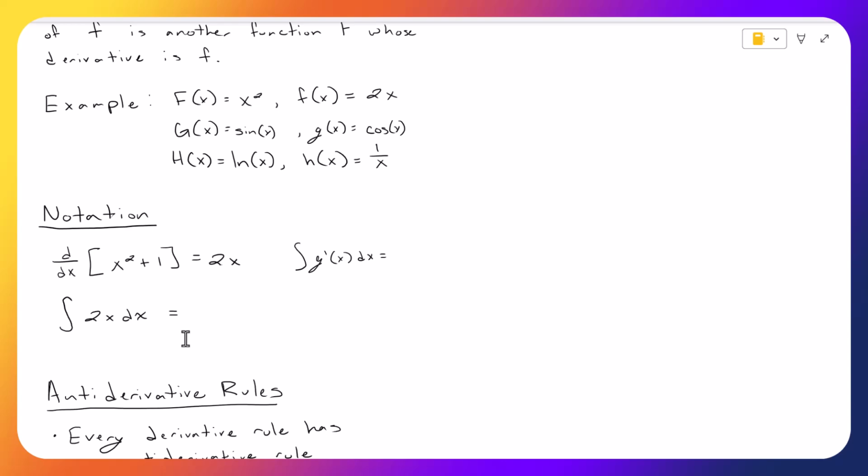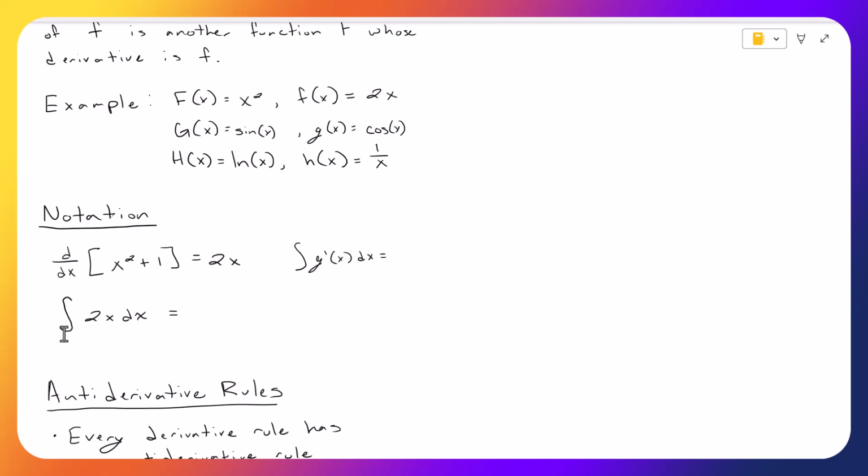And then finally, the third way is, what is the antiderivative of 2x with respect to x? I'm probably going to bounce back and forth between integral and antiderivative. Truthfully, integral is more natural to me, but based on reading stuff, I think antiderivative will be more helpful in your understanding. So I'm going to try to say antiderivative as much as possible.